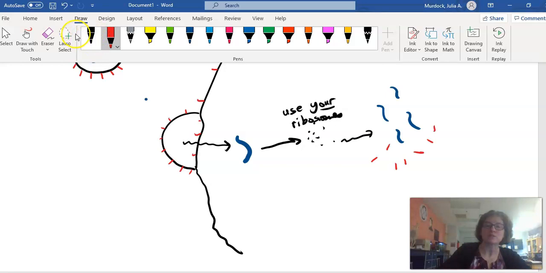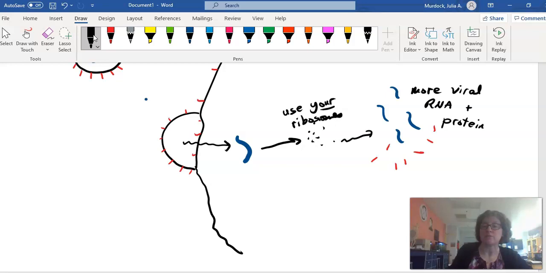So it's going to commandeer your cell's machinery to make more viral proteins. So you get more viral RNA, and proteins are being replicated using your machinery, because it doesn't have its own.